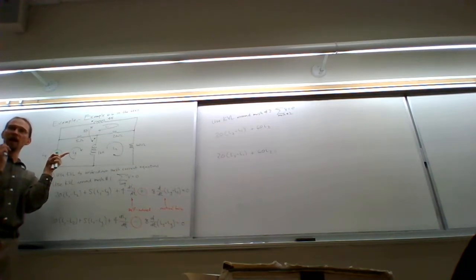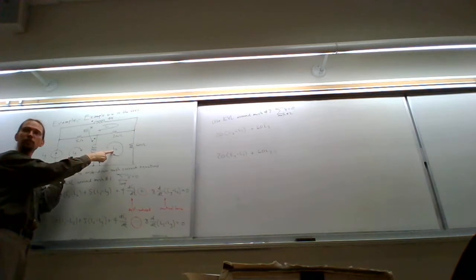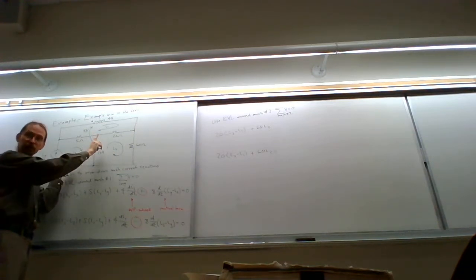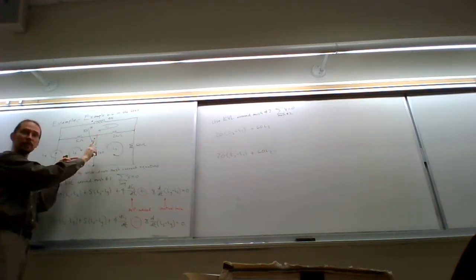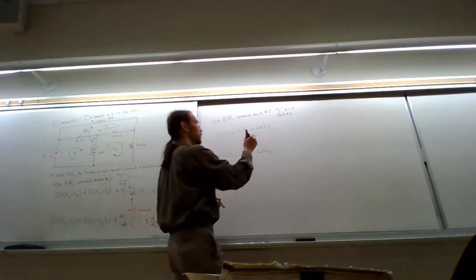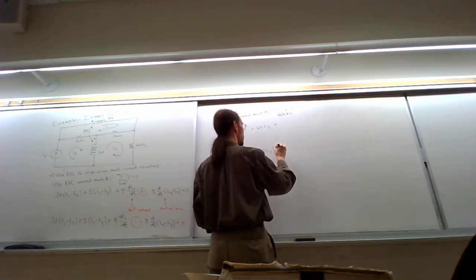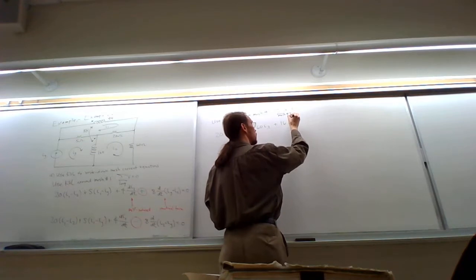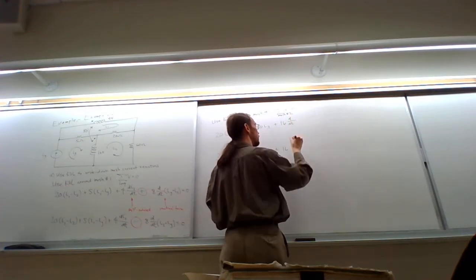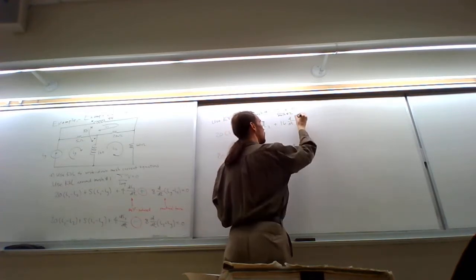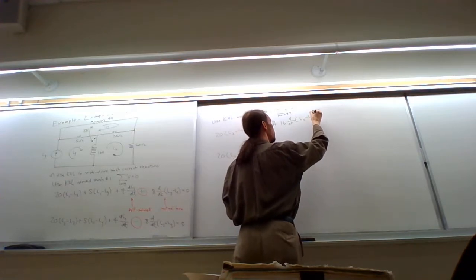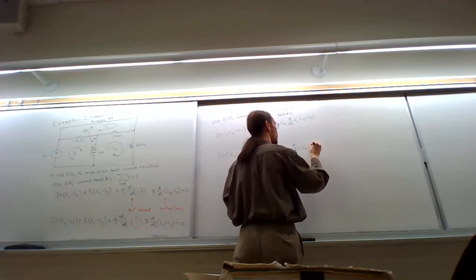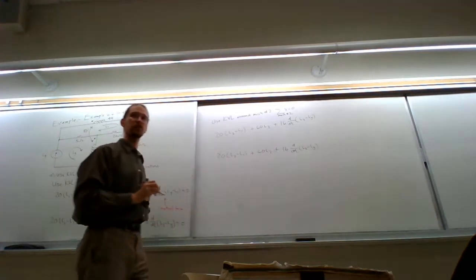Which means that I want to respect my passive sign convention. I have to pick I2 to go first, right? Because of the fact that it's going in the same direction as the voltages that I'm adding up in my loop. So over here, the self-induced term, if I want it to be positive, it's going to be the 16 henries times the time derivative of I2 minus Ig, like so.